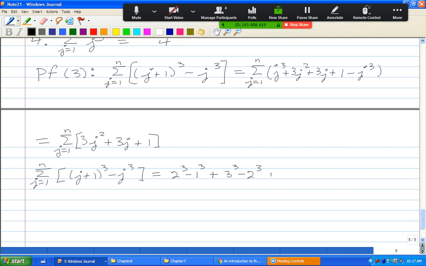At 3, at 4, so I could keep doing that. At n minus 1, at n, and now I notice the following.